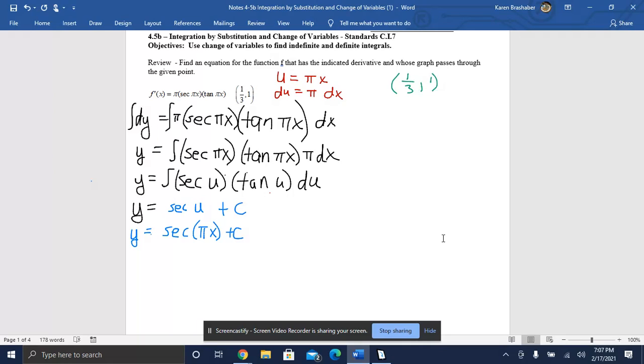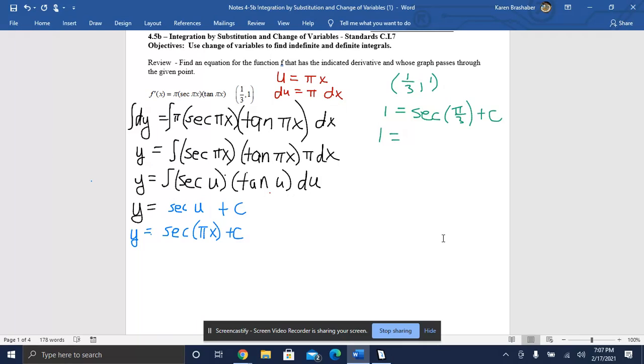We can substitute 1 in for the y, and so we'll have 1 equals the secant of pi times 1/3. So in other words, pi over 3. I'm going to go ahead and write it that way. Plus c, and we are looking for the value of c.